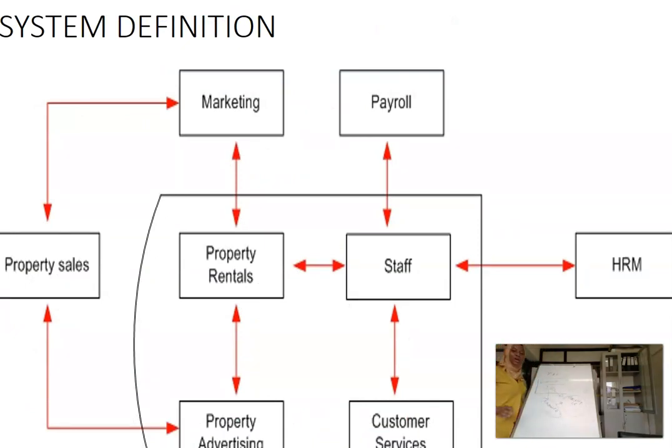So now what you have there is a systems definition of a given company X. Company X has the marketing department, it has the payroll, it has property sales, human resource, etc. If you look at that particular company X, which is fictitious, you can decide that you are going to create a database for, let's say, property rentals, or property advertising, or customer service, or the HR department.